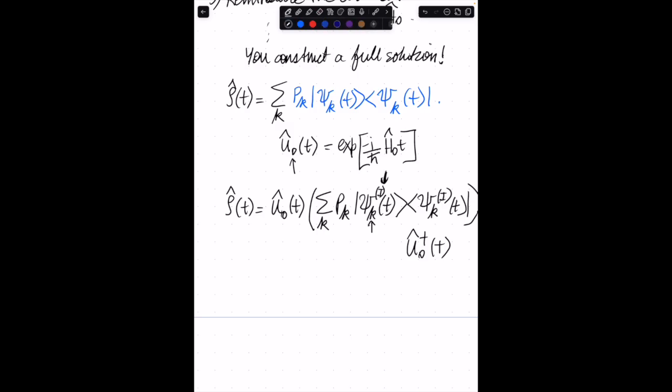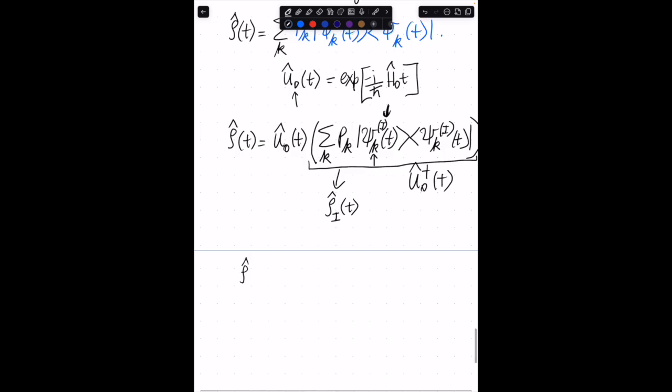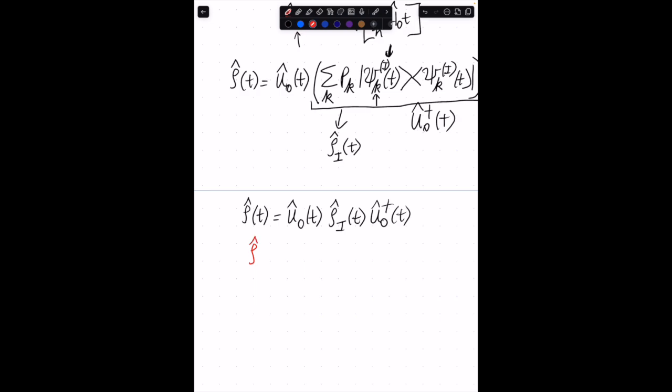And now I can refer to this quantity as the density operator in the interaction picture. So I will call it rho hat I(t). So your rho hat(t) is just U hat 0(t) rho hat I(t) U hat 0 dagger(t), which, if you recall, is very similar to what I showed you guys in the previous class, which is rho hat(t) equal to U hat 0(t) rho hat U hat 0 dagger(t).